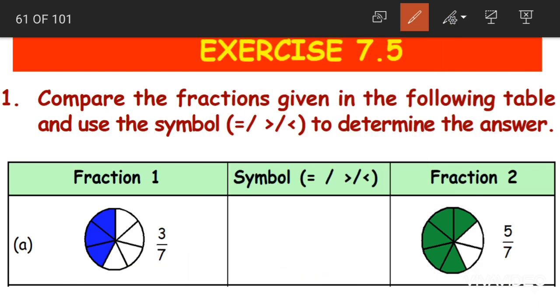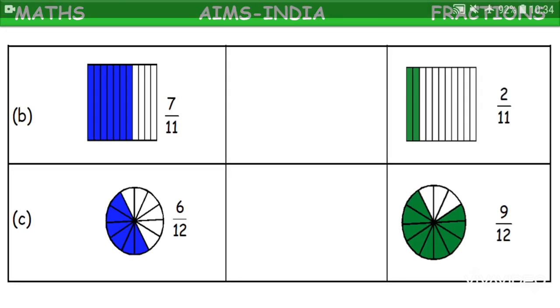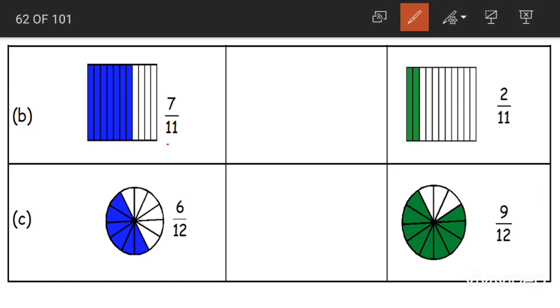And if you remember the trick that I have taught you for writing the greater than and less than symbols: 5 here is the bigger number, so open the mouth towards the bigger number. Whatever the bigger number is, open the mouth towards that, and that will be our correct symbol. So 3 by 7 is less than 5 by 7. Next, 7 by 11 and 2 by 11. Again, both the denominators are same.